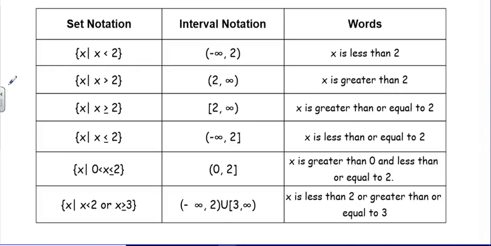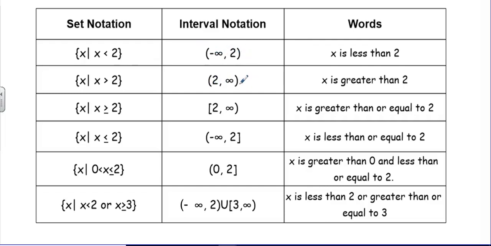Let's summarize our different notation here because we have some new notation. So our set notation or set builder notation is listed right here with its equivalent interval notation and then the words. So for example, less than 2 would be from negative infinity to 2, any numbers from negative infinity to 2.